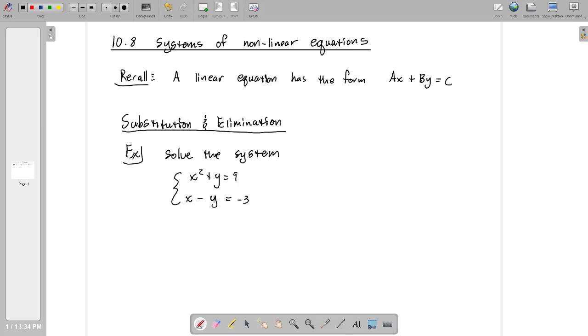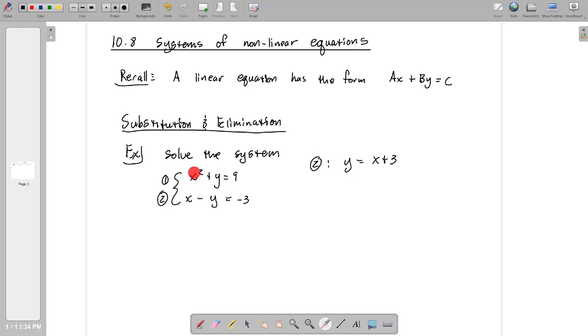So here I'm going to solve for y first. Call this one equation 1, this one equation 2. If we solve for y in equation 2, we end up with y is equal to x plus 3. We add our 3, add our y, we have y equals x plus 3. Now, I'm going to substitute equation 2 into equation 1 for y.